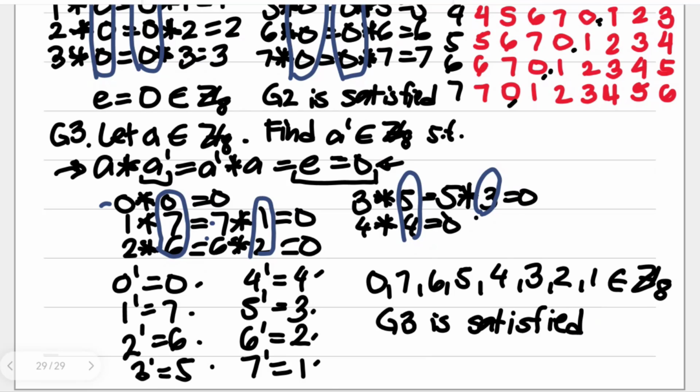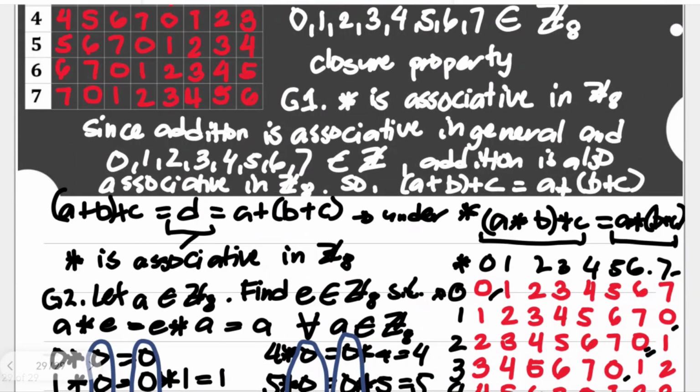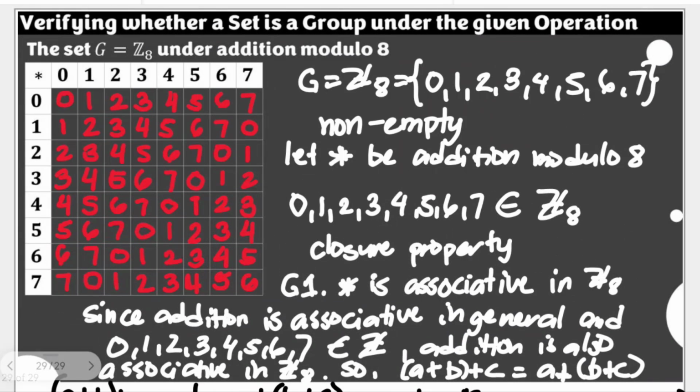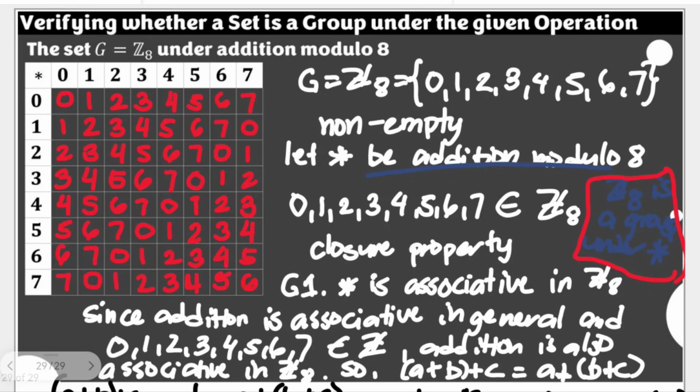So with G3 satisfied now, and G2 satisfied earlier, and our earlier analysis of associativity, we can now say that our set Z8 is a group under star, which is defined as addition modulo 8. So here's the final claim: Z8 is a group under star because we have satisfied all these conditions.